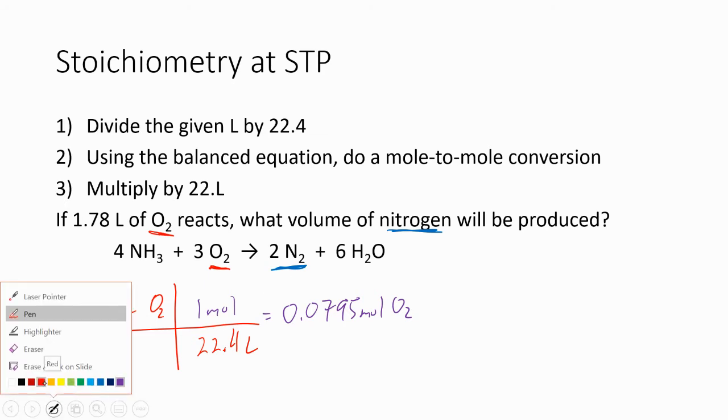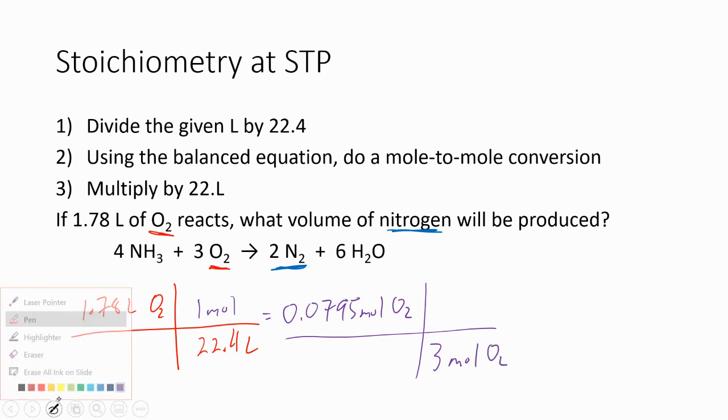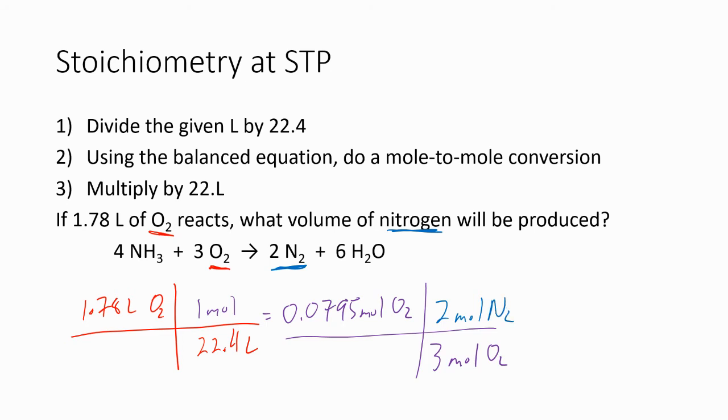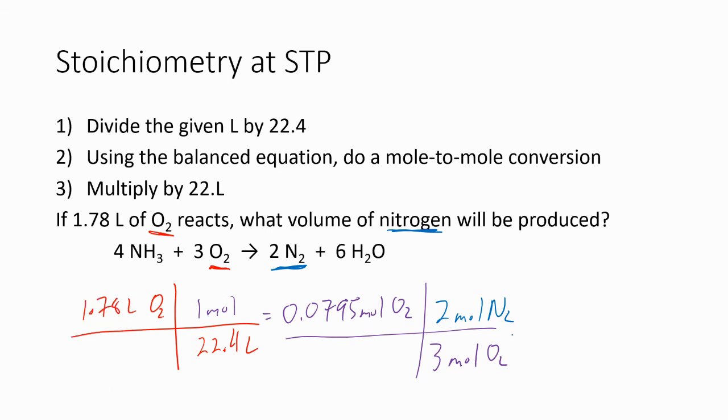We're going to use that balanced equation that there are 3 moles of oxygen for every 2 moles of nitrogen. And then after that, we want to know the liters, right? It asks for liters. What volume? So then we need to go back to liters after that. But anyway, that'll give us moles.